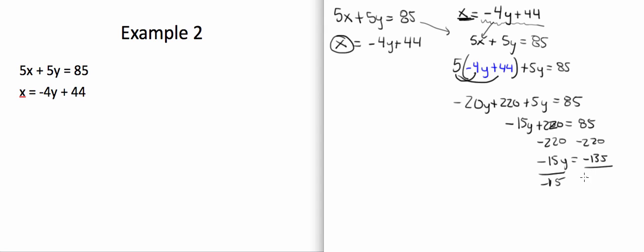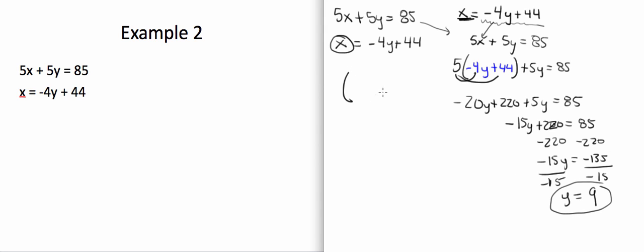When we get through the math, y is equal to 9. We had two y terms on one side, we combined them, and then went to a two-step equation. We had y equals 9.